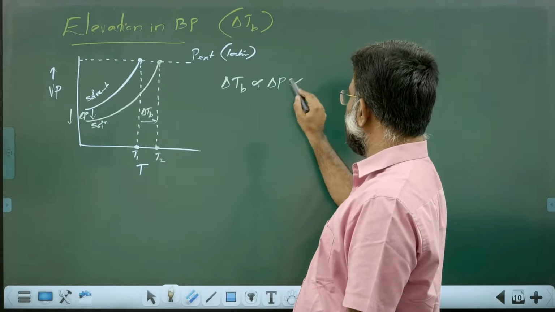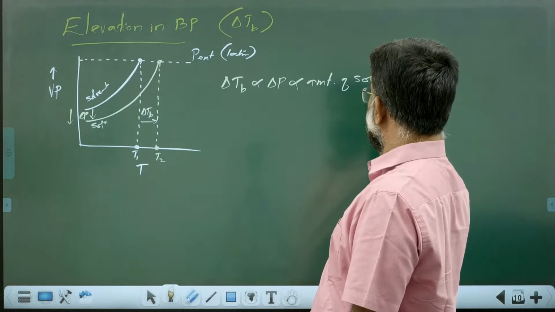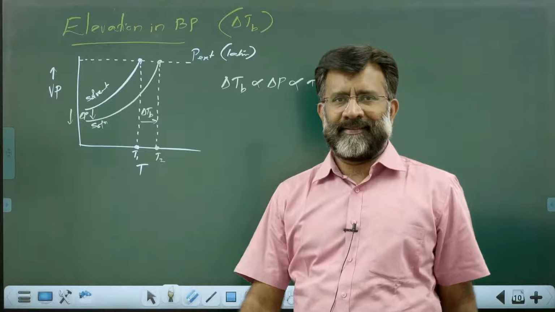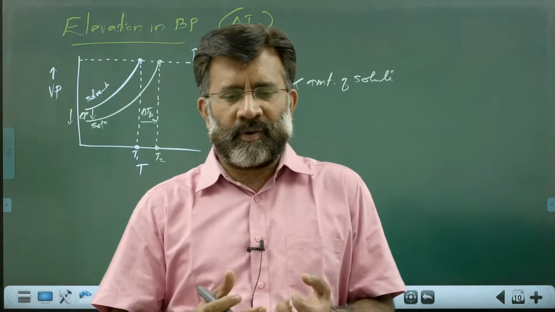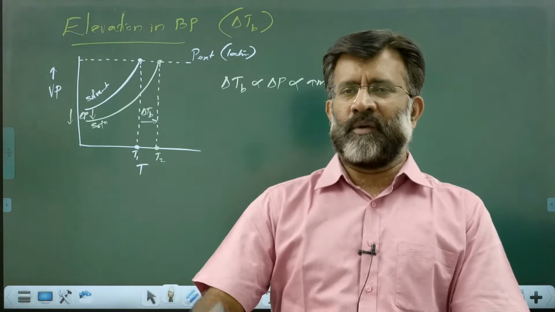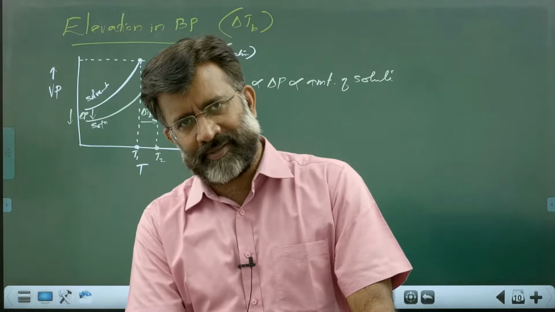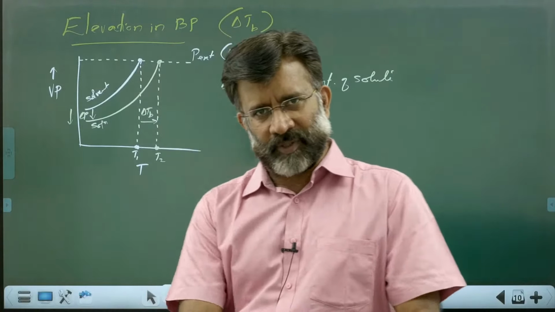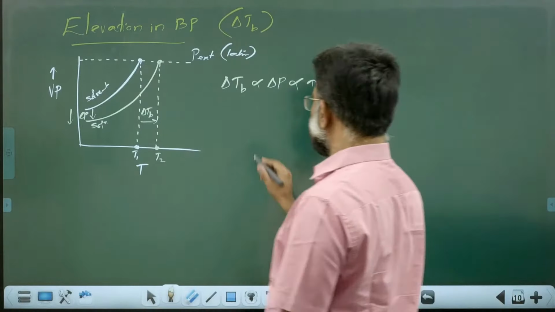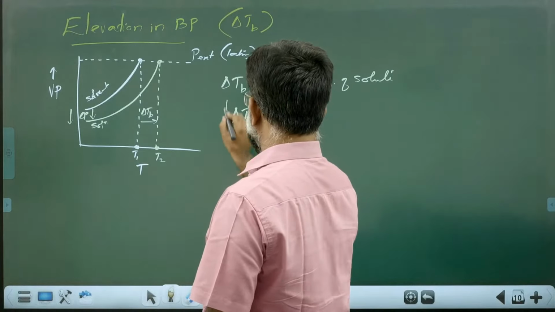And that is directly related to the amount of solute. It depends on the amount of non-volatile solute added. The more you add non-volatile solute, the more will be the lowering of vapor pressure, and the more will be the elevation in boiling point. Hope you get the picture. So we can relate delta TB proportional to molality.